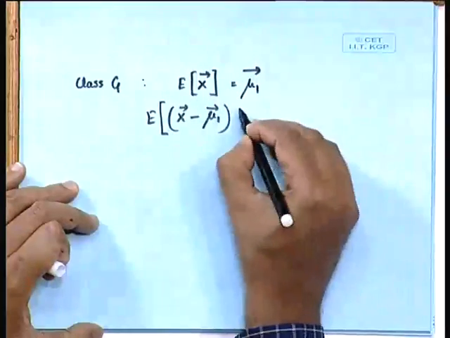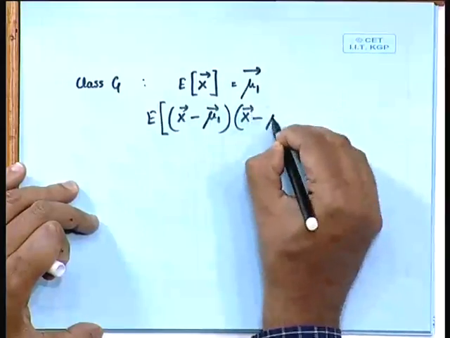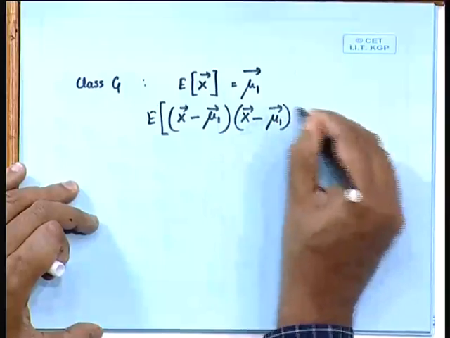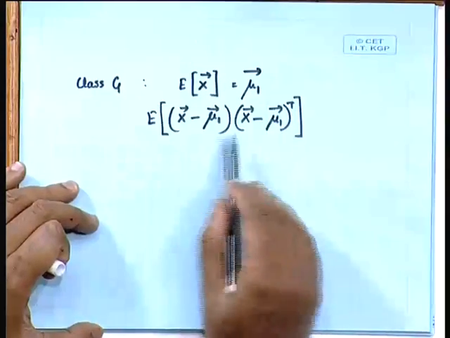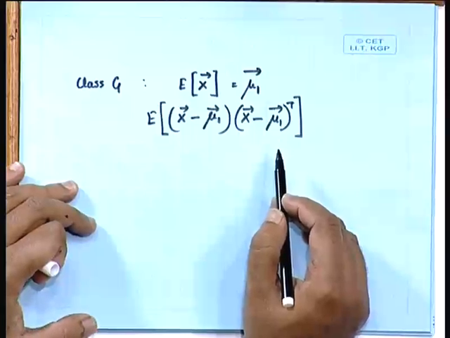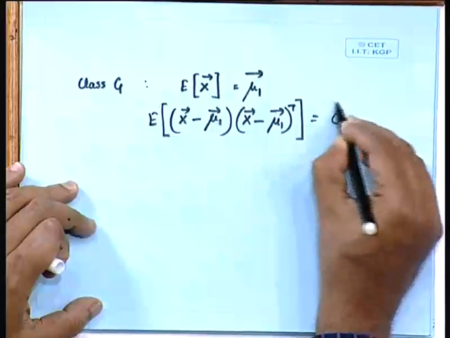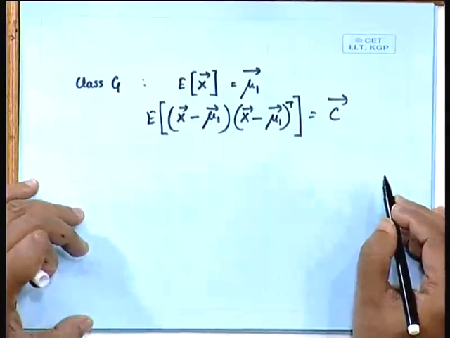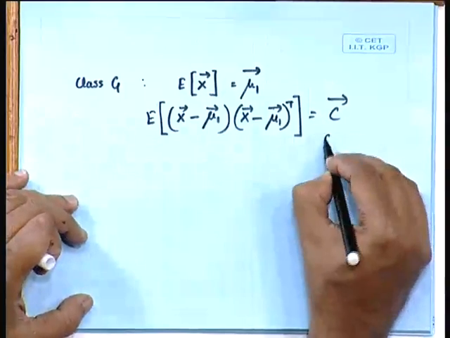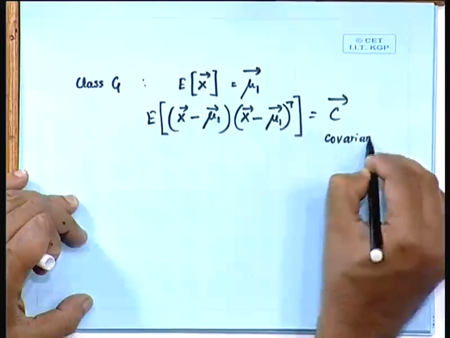The covariance matrix should be defined in this manner: the expectation of (x minus mu 1), all in vector notation, times (x minus mu 1) transpose. By taking this outer product, we get a matrix, which we call the matrix C, the covariance matrix.